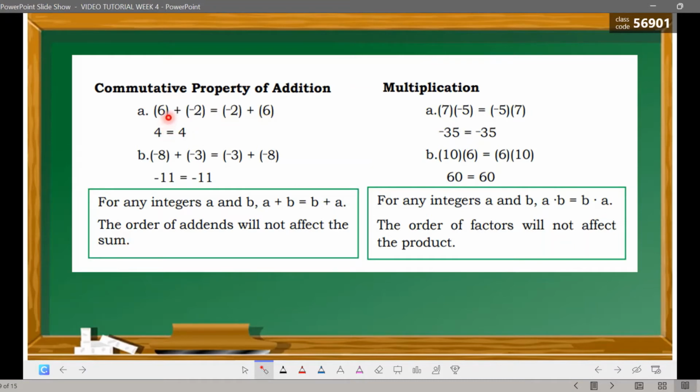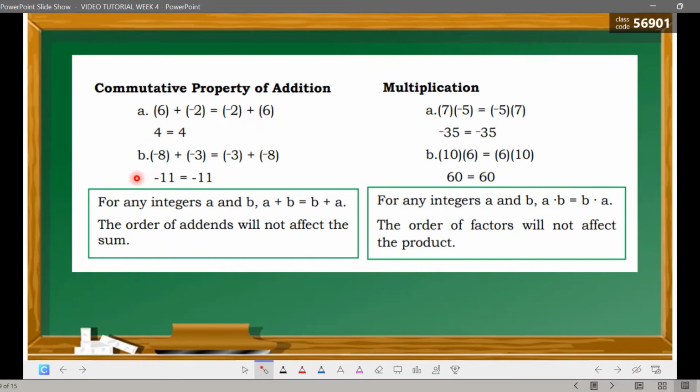Okay, so binaliktad yung order. So dito, nauna yung 6. Pagdating naman dito ay nauna na si negative 2. But the answers are also the same, they are both 4. 6 plus negative 2 is 4. Negative 2 plus 6 is equal to 4. Okay, so hindi po naapektuhan yung sum kapag iniba natin yung order ng ating addends.